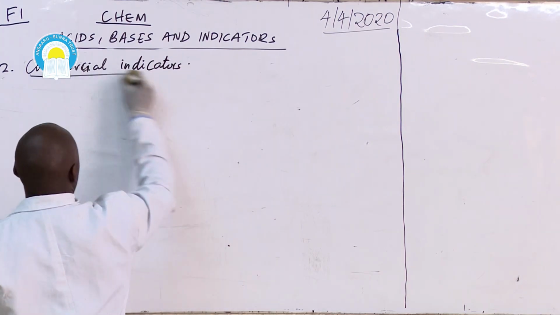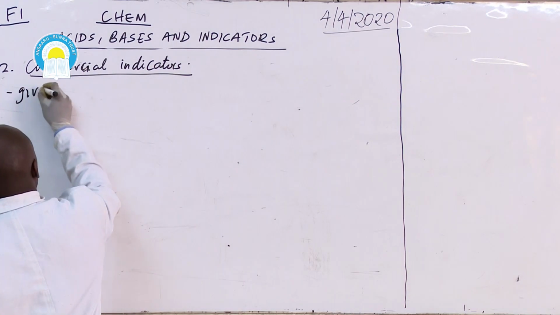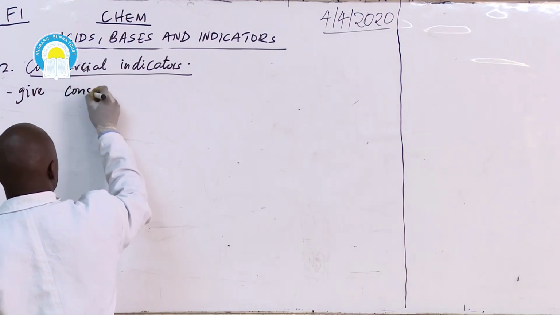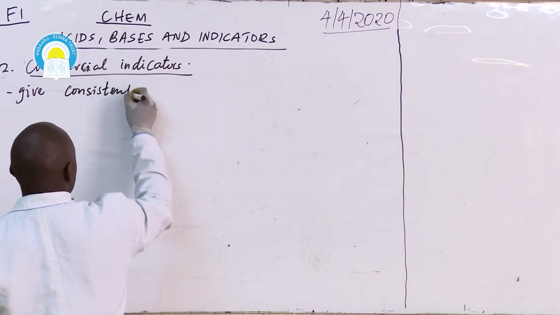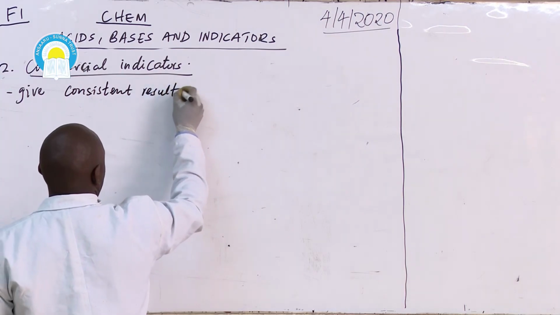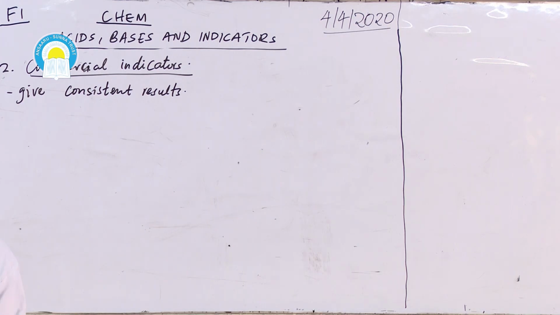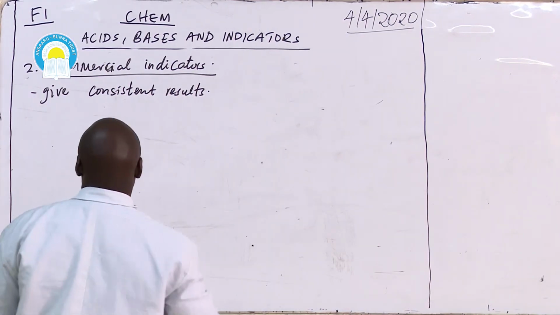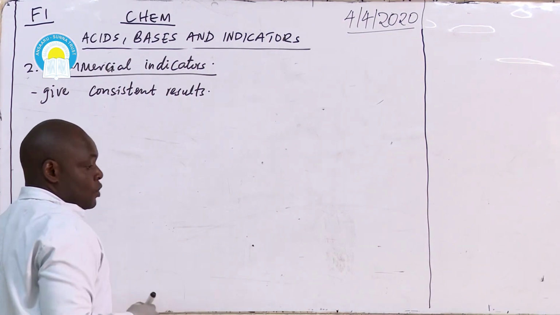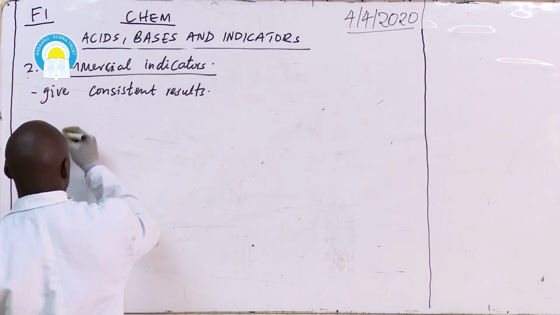These ones give more consistent results. That is, they will show the same color in acid and the same color in base. Then there are 3 types of commercial indicators.